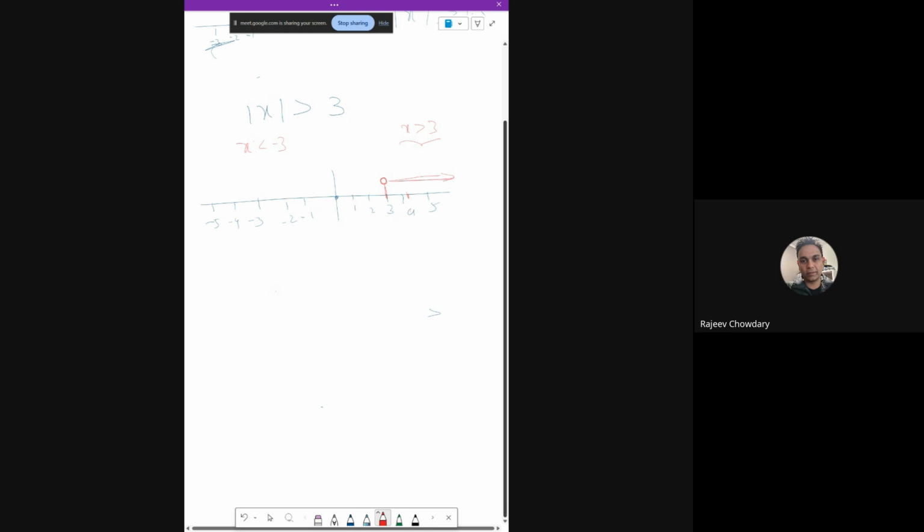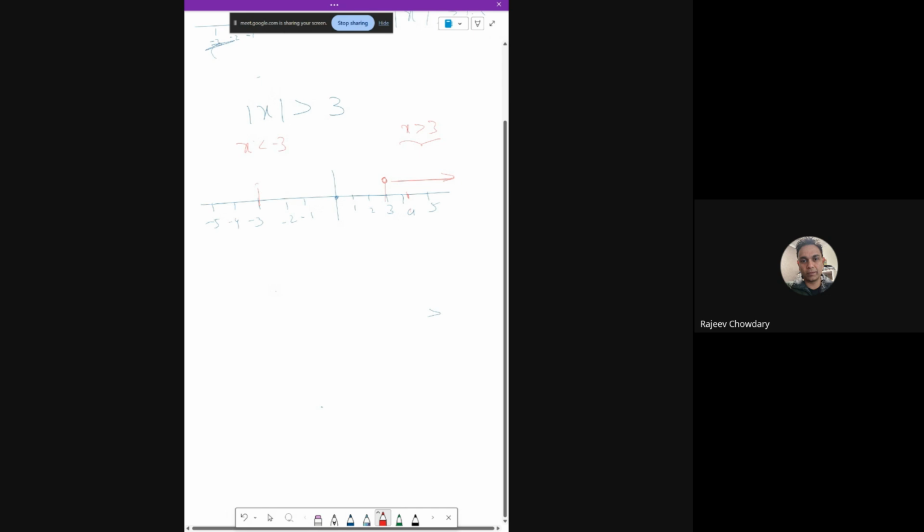Brilliant. So, guys, you know the difference, right? If it is equal to, you need to write this like this. If it is not equal to but greater or less, you just need to write a hollow. Okay? It's very important to note. So you don't make a thick circle. You just need a hollow. Now, same here.